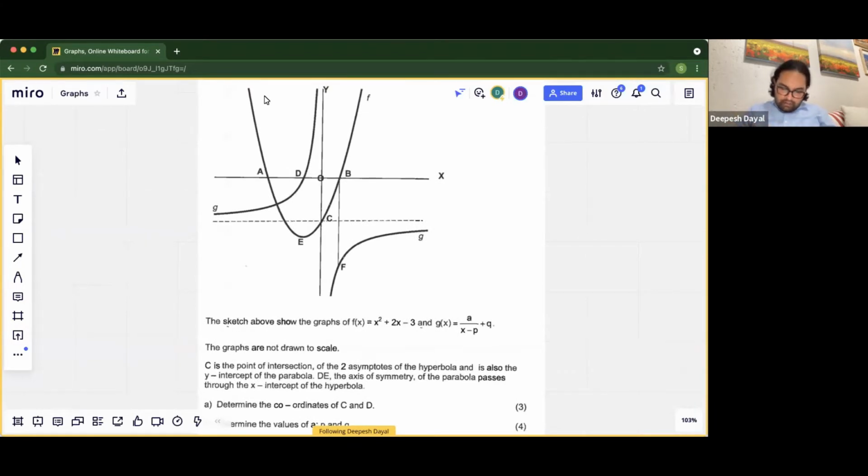Let's try A. And what I'm going to do to help you as well is draw a dashed line here, because that one is the axis of symmetry. Let's find the coordinates of C and D. If you can find that for me and type it in the chat, that would be really great, or you can unmute yourself.